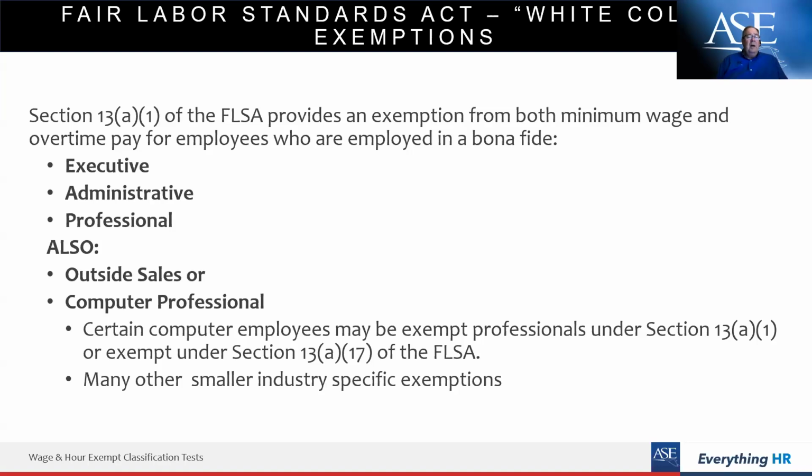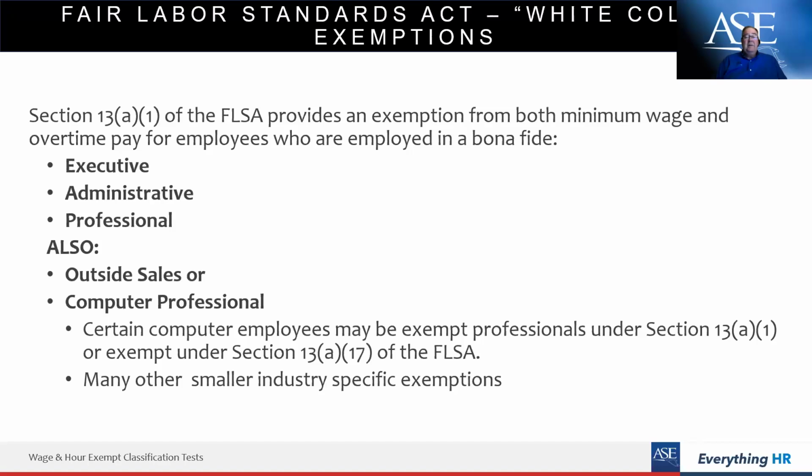I'm giving those as examples, not that we're going to talk about them, because most employers out there wrestle with the executive exemption, the administrative exemption, or the professional exemption, with some also having to look at whether their salespeople fall under the outside sales exemption or the computer professional exemption, which, as the FLSA goes, is fairly recent. It was established back in 2004 and has a unique feature to it where you can pay it hourly as long as you're paying at least $27.63 an hour.